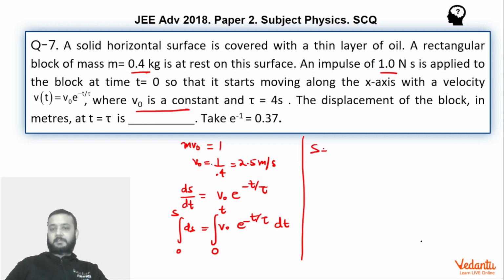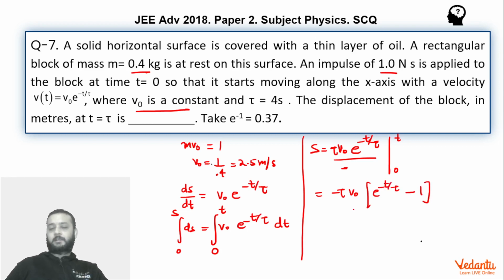So s equals v naught, which will come outside, e to the power minus t by tau divided by minus 1 by tau. So tau will go in the numerator. Limits 0 to t. So this becomes minus tau into v naught into e to the power minus t by tau minus e to the power 0, which is 1.